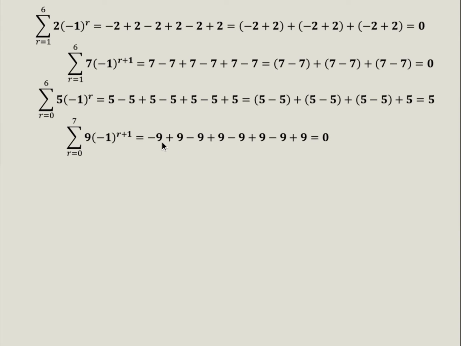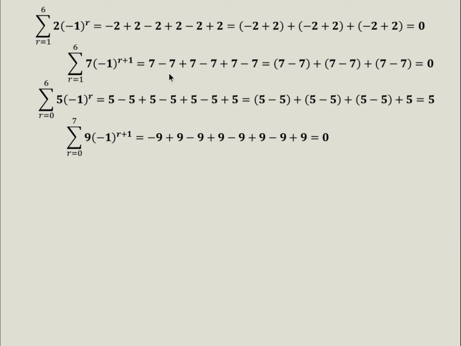So pair up again the terms. We have negative 9 plus 9, which gives 0, negative 9 plus 9, which gives 0, negative 9 plus 9, which gives 0, and then negative 9 plus 9, which gives 0. And the final result is still 0.